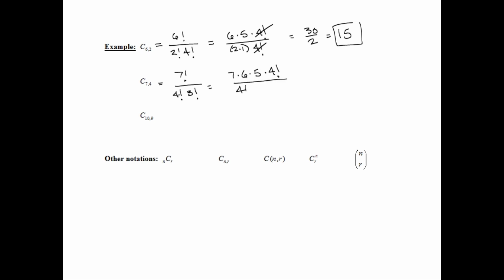Down here we've got a 4 factorial and a 3, 2, 1. So doing our cancellation, those go, and we end up with 7 times 6 times 5 divided by 6, which is 35.